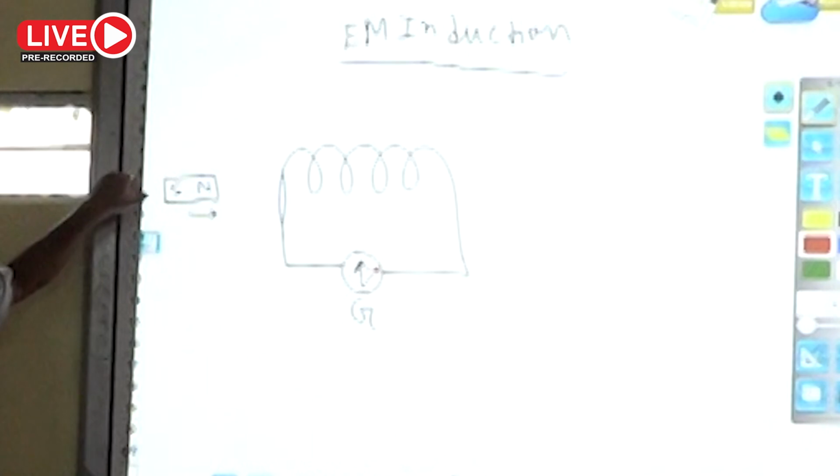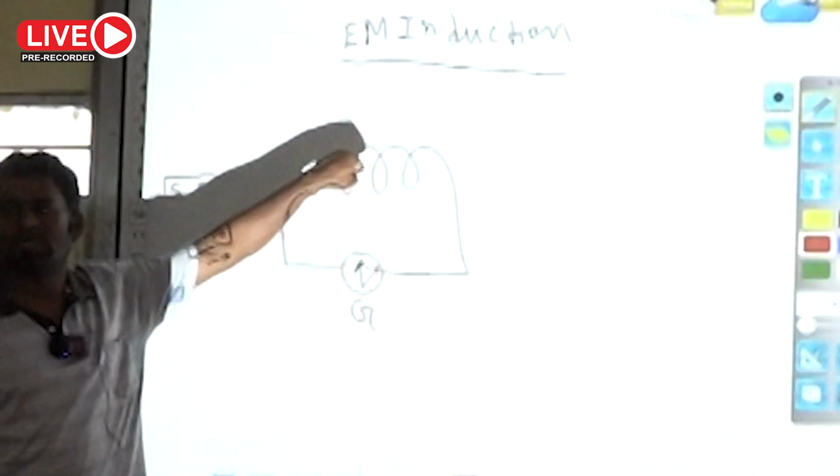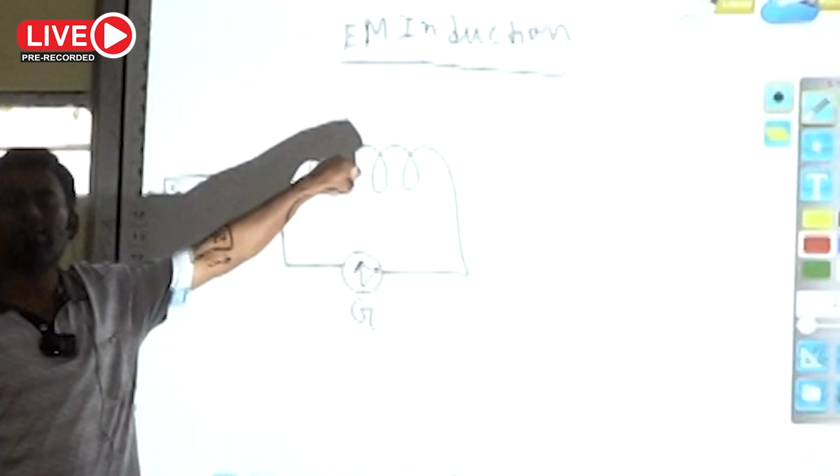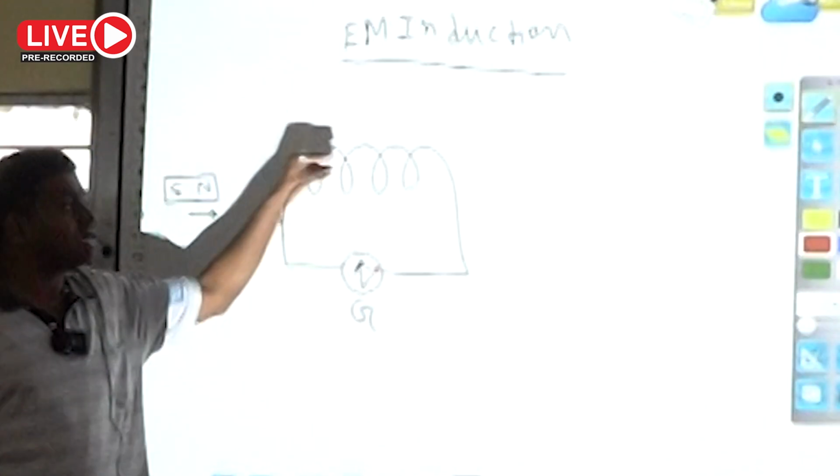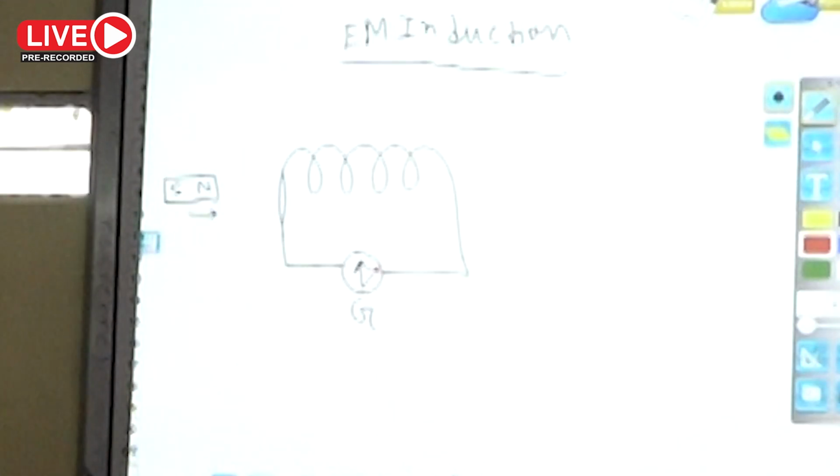Now Faraday took this magnet inside these turns without touching the magnet to the turns. There is a lot of space and the magnet is placed inside. Faraday noticed that if the magnet is inside the turns and stops, immediately the current goes to 0.